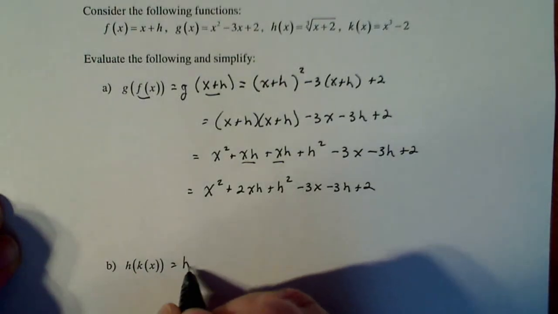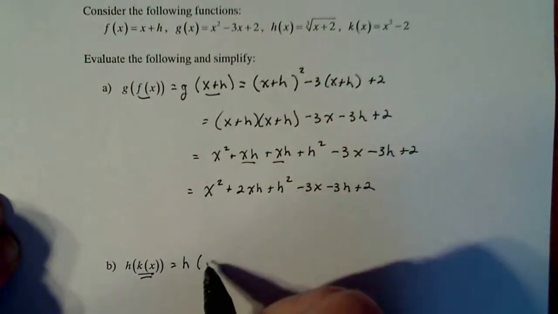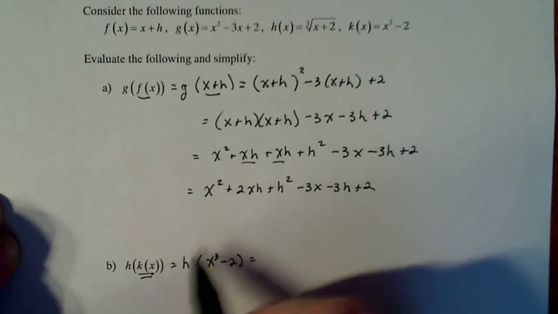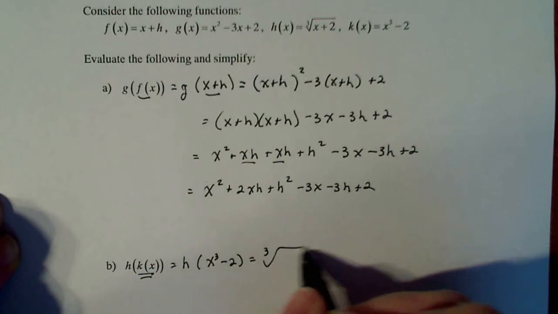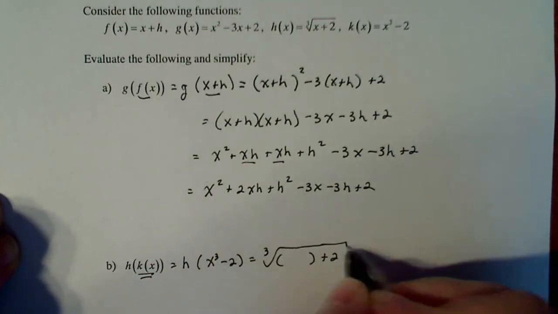So I'm going to replace k of x with what k of x is, x cubed minus 2. And then I'm going to take h, which is here, and instead of writing an x, I'm going to put my parentheses, x plus 2.